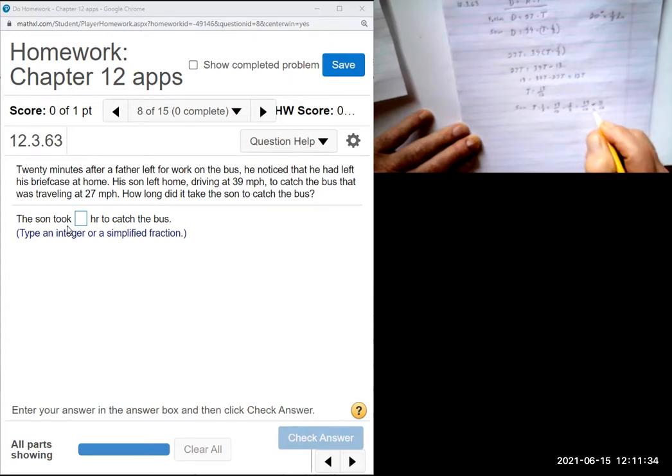So 13/12 minus 4/12 is 9/12. And 9/12 reduces to 3/4. So it took 3/4 of an hour for the son to catch up to the father.